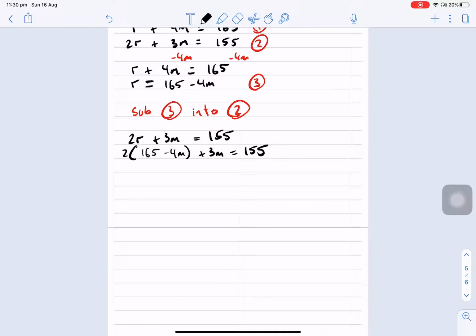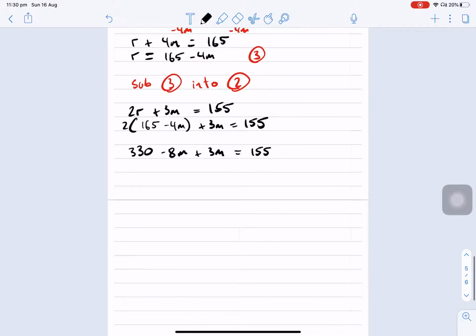Okay, so we'll solve the brackets. 2 times 165 is 330. 2 times negative 4M is negative 8M, plus 3M equals 155. And then we can get this 330 over the other side by taking it away from both sides.